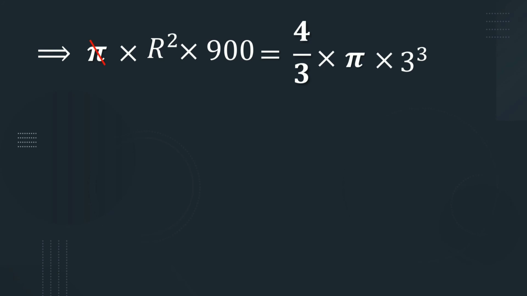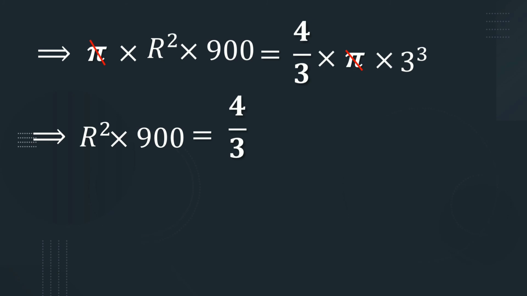Here we can cancel pi and pi. If you are intelligent enough, you could solve more and more things here only. But I will write R square into 900 is equal to 4 by 3 into 3 into 3 into 3. 3 and 3 can get cancelled here. 3 3s are 9.